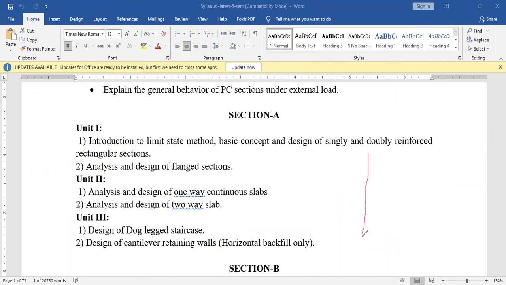When we say retaining wall, it is something like this, okay, and like this you will have the retaining wall, and then there has to be a certain section. This may have soil, or sometimes here may have certain soil as well.